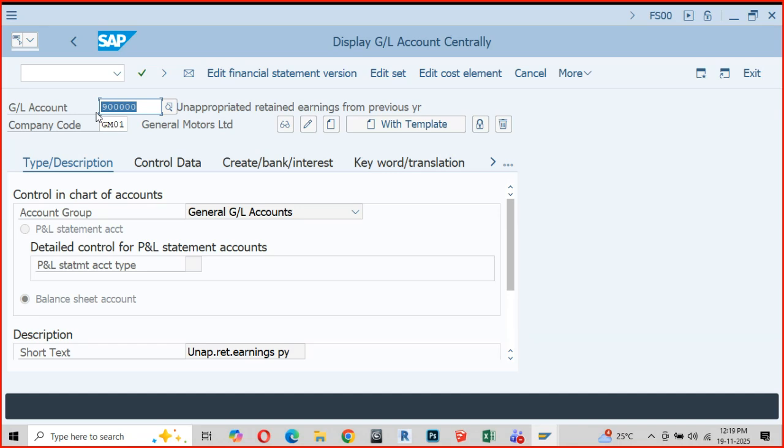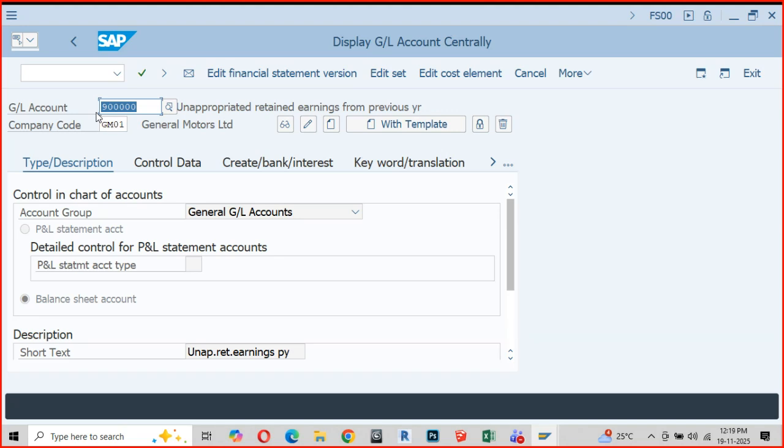I can have 99999, whatever. Whatever logic I can think of as a consultant, I can construct the general ledger account and create it as a retained earnings account.